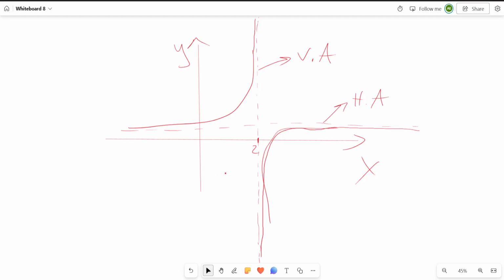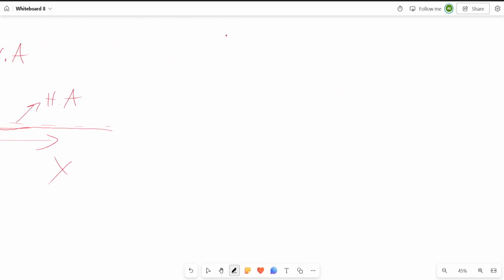So what makes a function undefined at a certain value? Let's say we have a function y equals 1 over x minus 2. So if x is 1, I don't have a problem. If x is 3, I don't have a problem. What if x is 2? If x equals 2, then y is going to equal 1 over 2 minus 2, or 1 over 0.